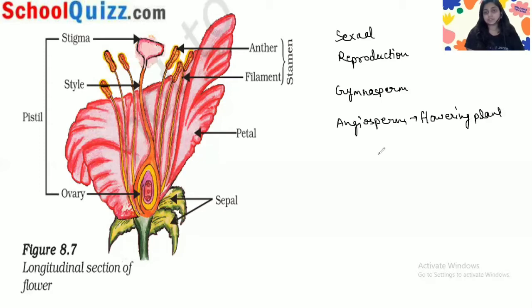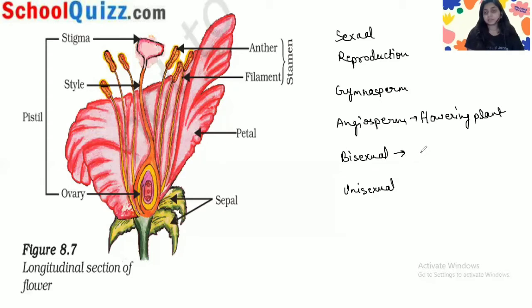And we have also studied the bisexual plant and the unisexual plant. What is an example of each?